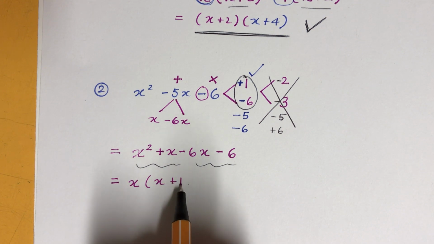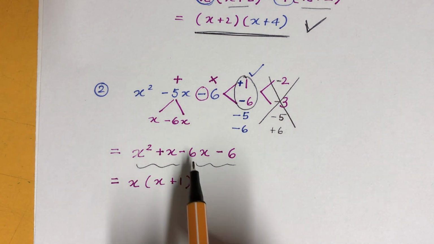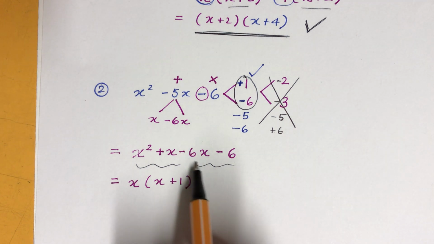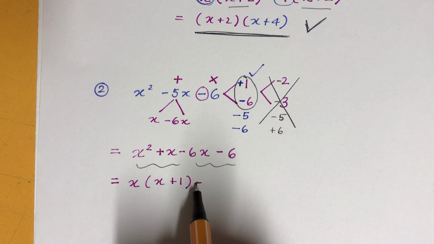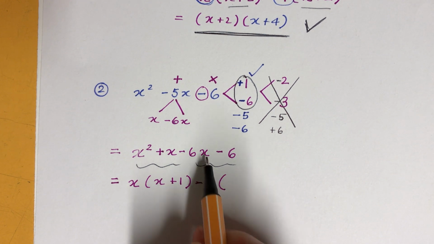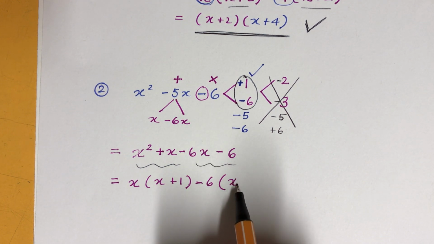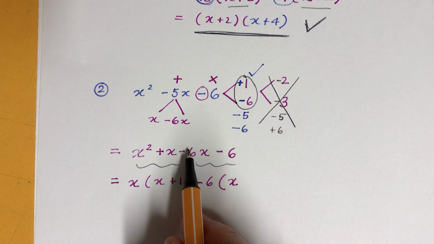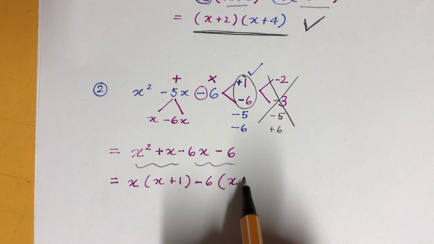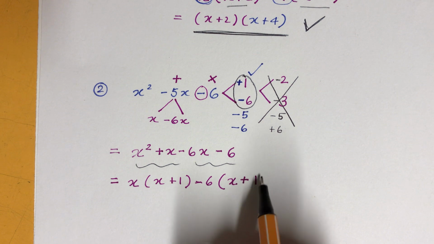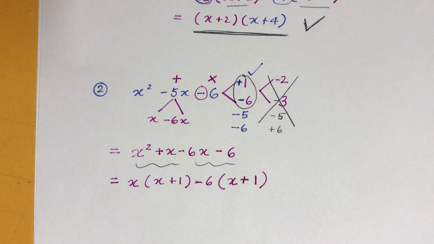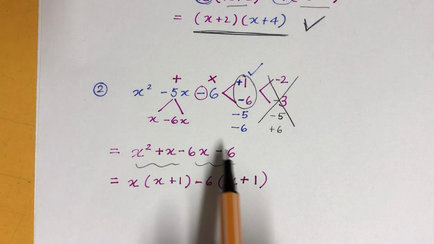I've got x plus 1. And here, be careful, the common factor I can see is minus 6. So I'm going to take minus 6 out, and I'll get x plus 1. When you take the minus out, you're left with a plus 1, so you need to be careful about this part.